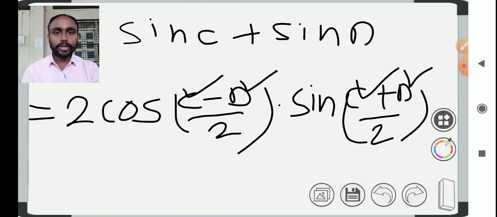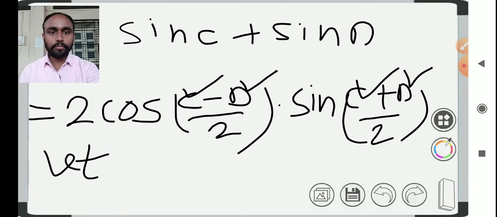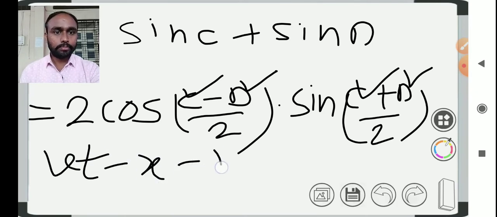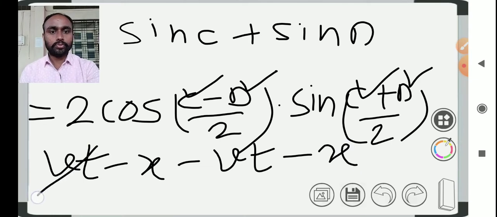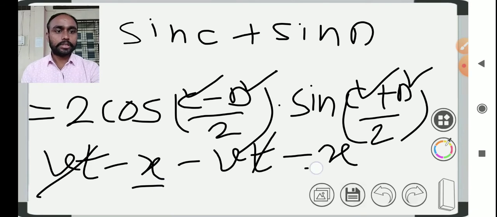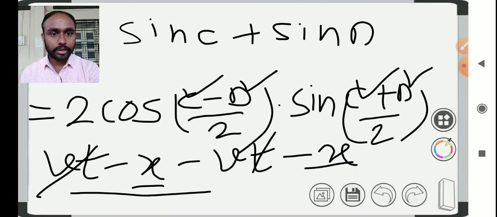So for c − d we have vt − x − (vt + x). The vt and vt get cancelled, and minus x and minus x become minus 2x, divided by 2, which gives minus x.